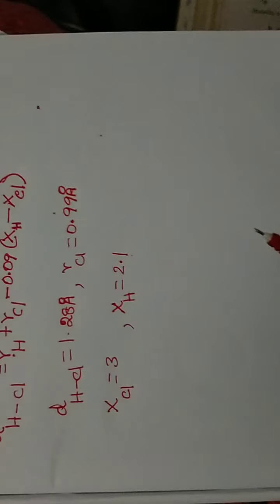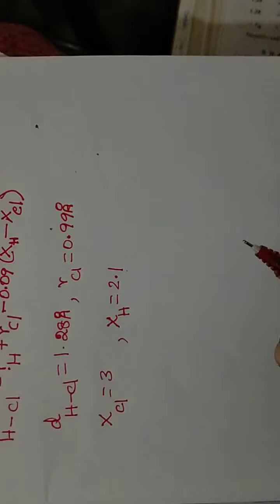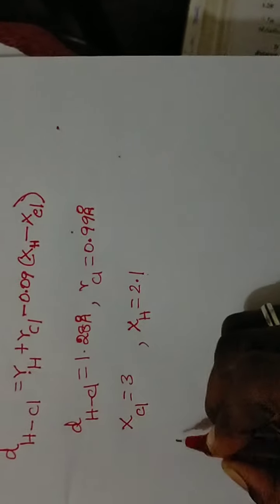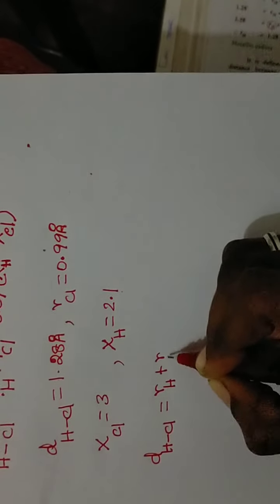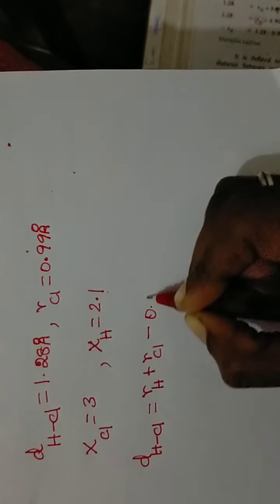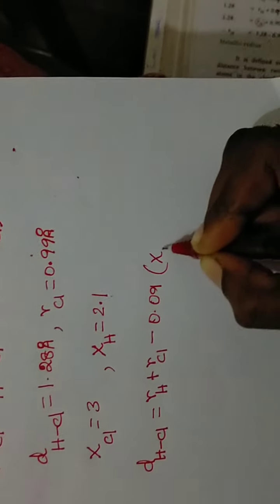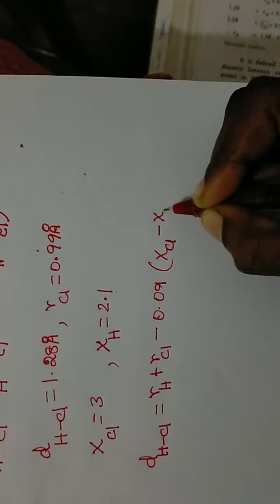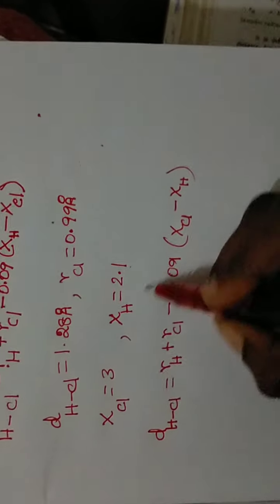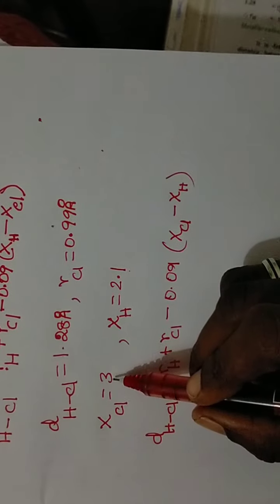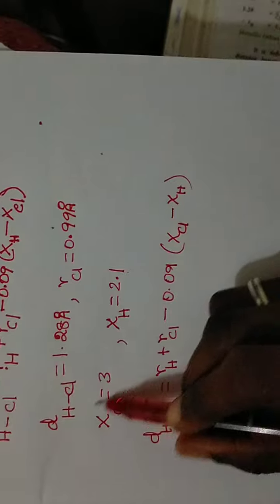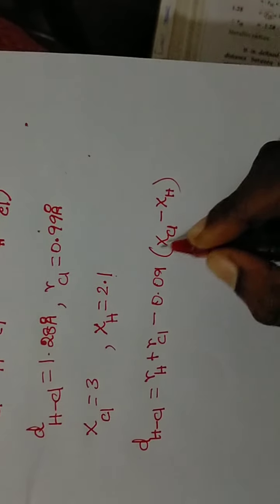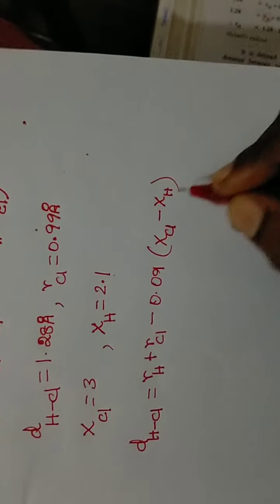From this data, we are going to calculate the radius of hydrogen. So first you write D_HCl equal to R_H plus R_Cl minus 0.09 times X_Cl minus X_H. So see this one, which one is the greater value? 3 is the greater value, so this is for X_Cl, that's why we wrote X_Cl minus X_H.